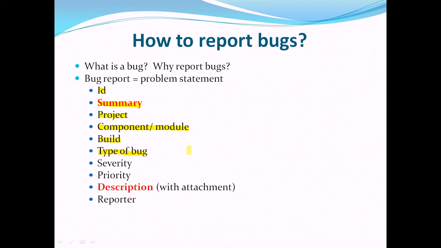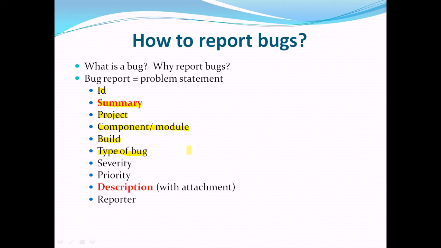Another example of a non-functional bug is a security bug. So maybe you were able to bypass the security mechanism in the system, and able to see data which you should not have seen, or able to run functionality which you should not have run, depending on your privileges.